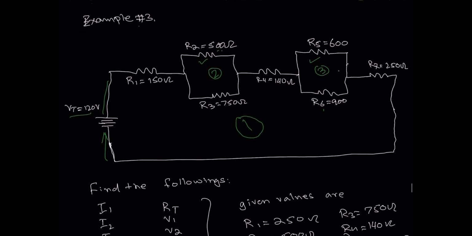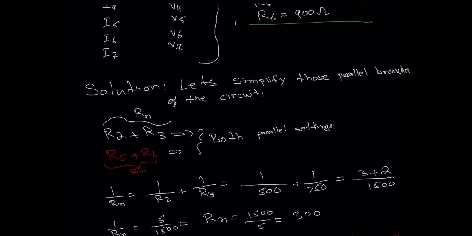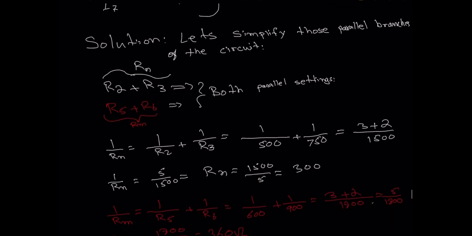So as I said, we have to simplify these circuits. Addition of these two resistors, I call them Rn. So R2, R3 is Rn, and R5, R6 is Rm.